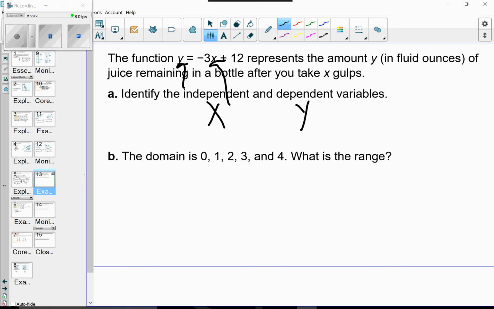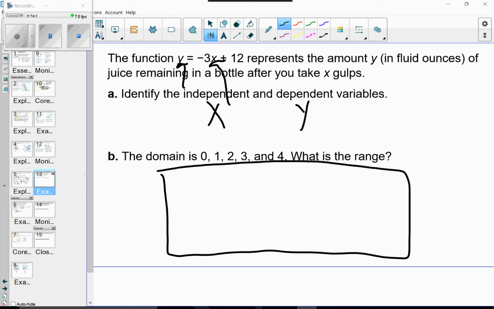Okay? So again, we are going to plug in 0, 1, 2, 3, 4 into that function. And whatever comes out is going to be our range. Okay? So if we think about this, again, just going back to our previous example, sometimes it does help to create a little table. So if you want to create a table here, I'm going to create a 3-column table. And basically, I'm going to put input, output.